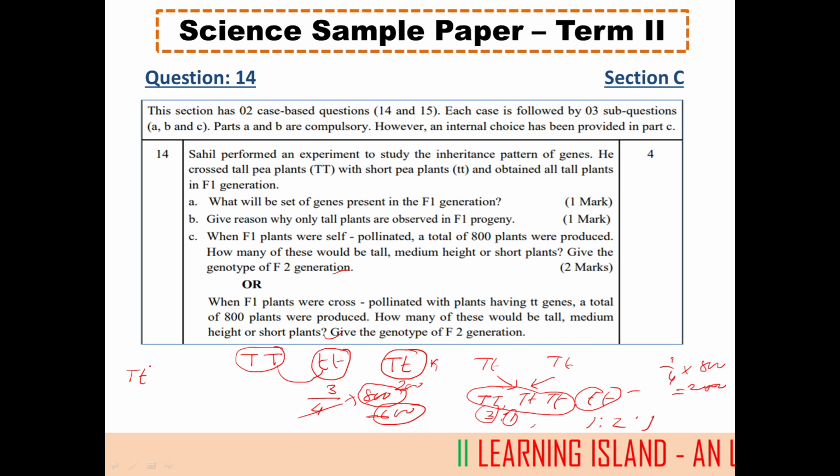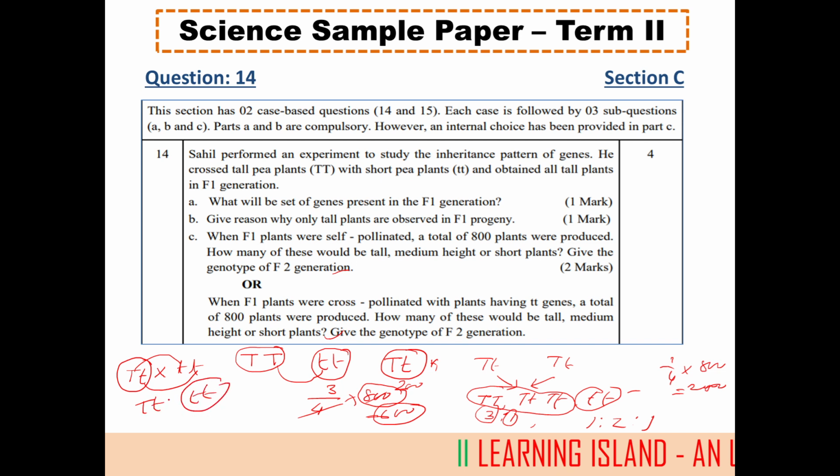It has been mentioned that if it is cross pollinated with small t, what will be the products out of 800? Here you see, if I make it cross pollinated, and make the combinations, it will be small t, capital T, small t.